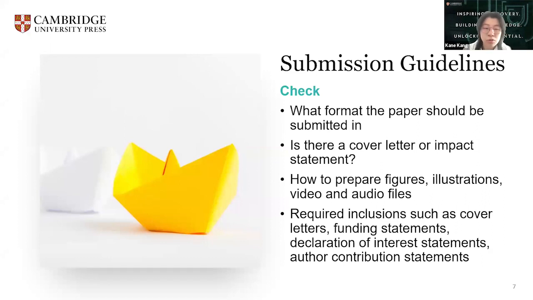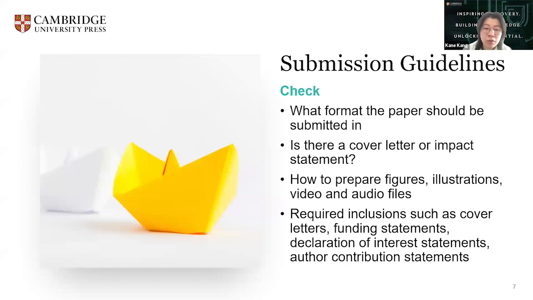So check those guidelines. And number 4, check required inclusions such as cover letters, funding statements, declaration of interest statements, and contribution statements, etc. So this is about the submission guidelines.